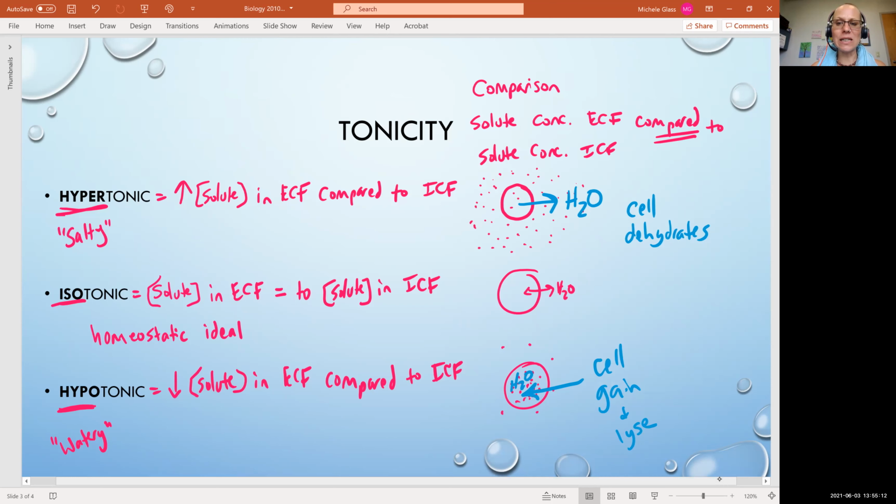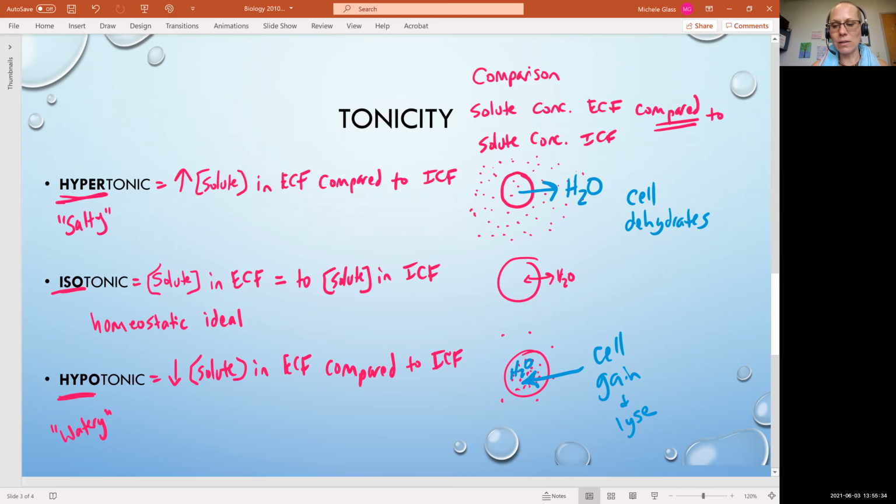Your terms tonicity, again, are comparison terms, and they're always describing solute in the extracellular fluid, and it always implies that you have a cell. So basically, embedded in the term tonicity, we get this conversation about what's going to happen to a cell. So that's the significance of these terms.